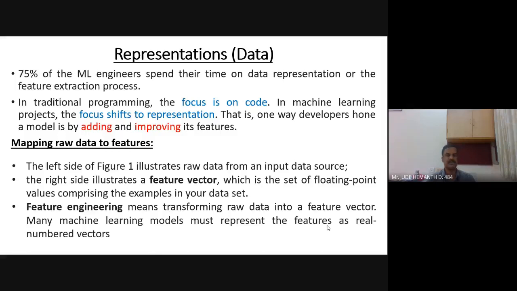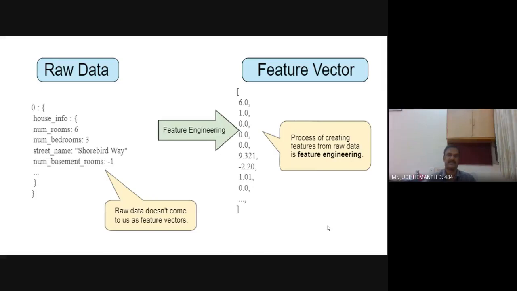Many machine learning models require the features to be represented as real number vectors. It is always preferable to use floating point numbers also. If you have at least one data value represented as 9.3, then the other data should be represented as 6.0 or 2.0.